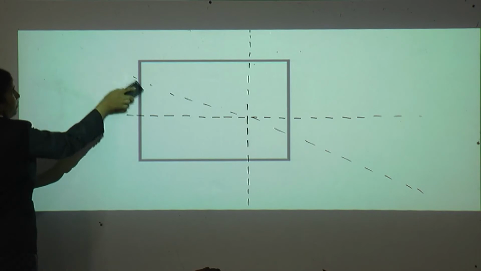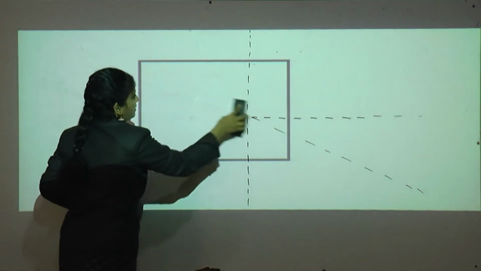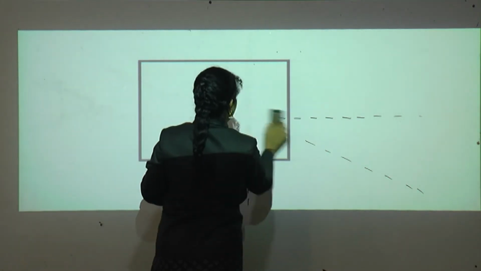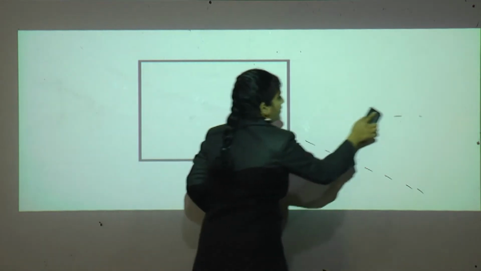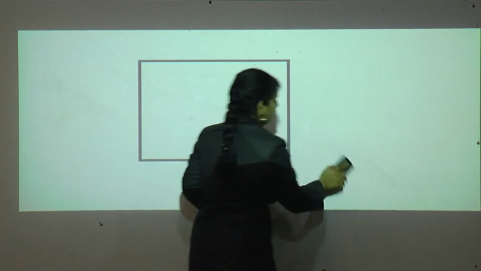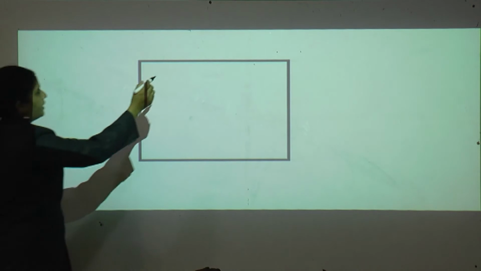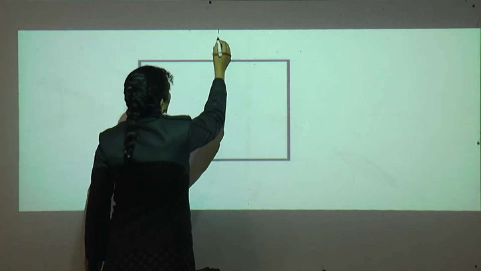Here, how I will explain. Here is a square. See students. So all sides of the square are equal in length. Even they have all angles 90 degrees. Now here, see, I can draw a vertical line.